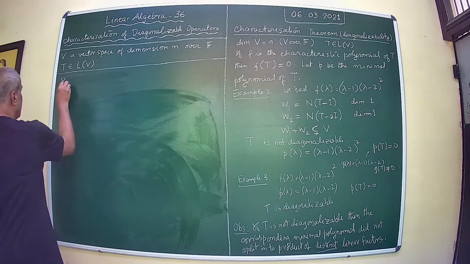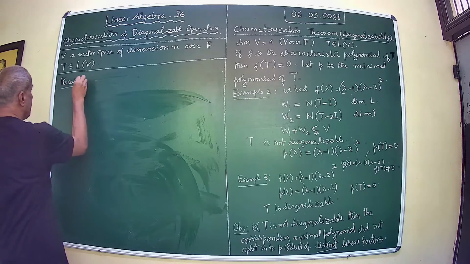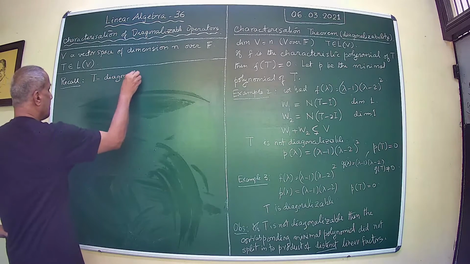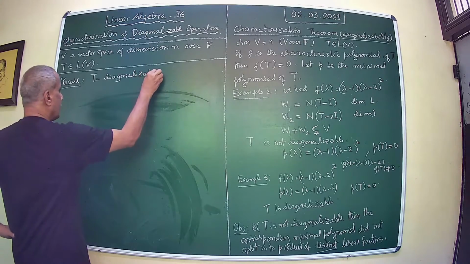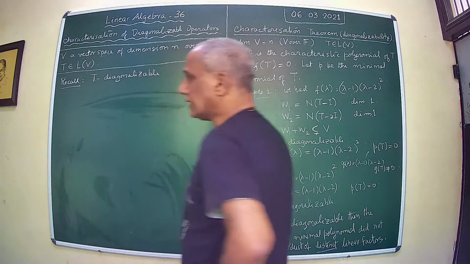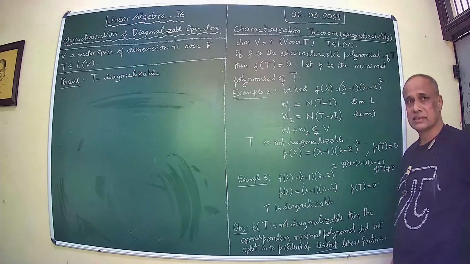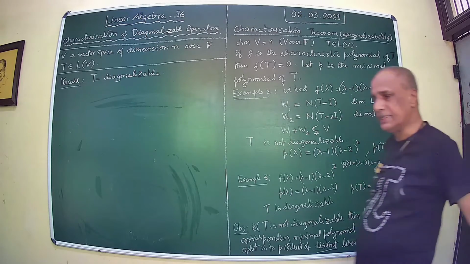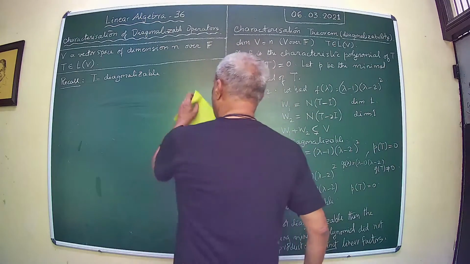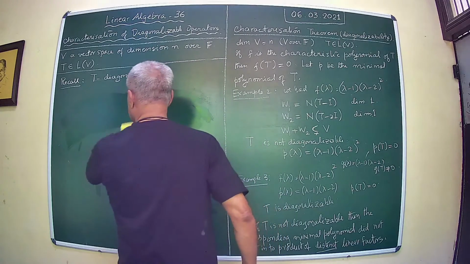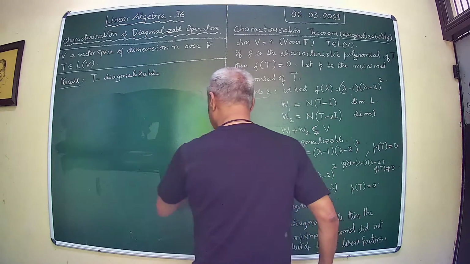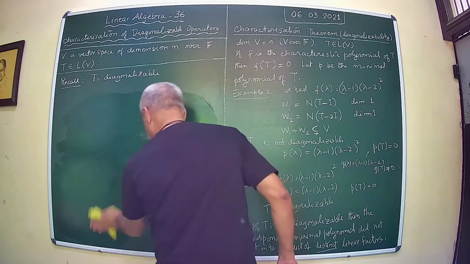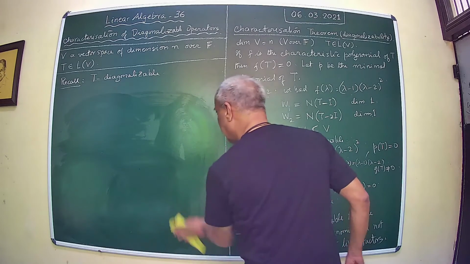So recall, our diagonalizability is defined by the possibility of writing V as the direct sum of W1, W2, etc., where each one is an eigenspace corresponding to some eigenvalue.